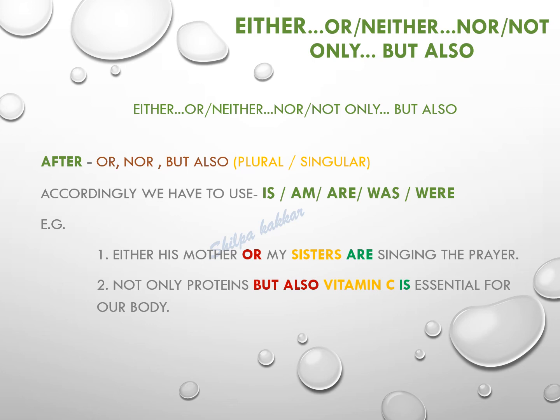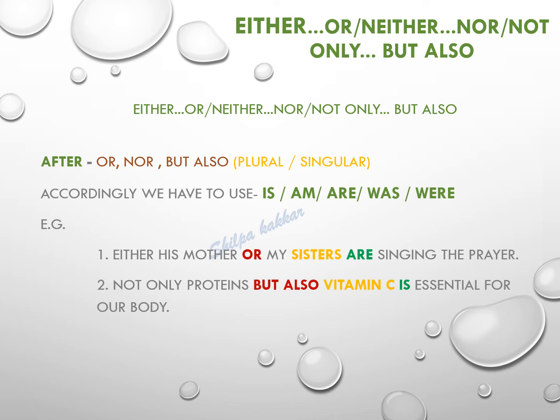Here again two things, two people are there. So this is a combined sentence. But what do we have to look for? We have to look for the word which comes after or, nor, but also. If it is singular, then we'll be taking is, am, or was. If it is plural, then we are taking are or were, depending on the tense of the sentence.